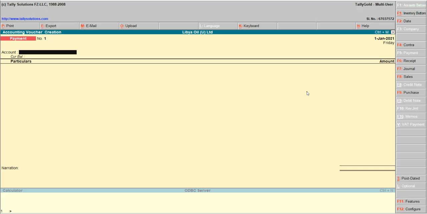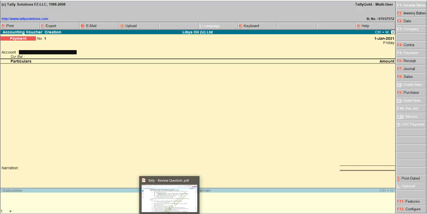We have receipt vouchers, that is F6. You have the journal, F7. You have the sales, you have the purchase. Then you also have memos, stock journal, and then VAT payment. So it will depend on the transaction you want to record. You have to know the specific vouchers to use depending on the transaction.